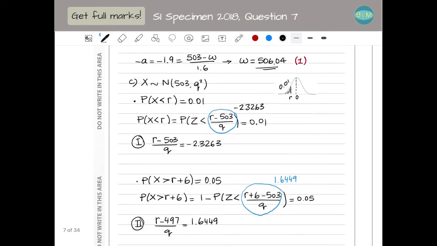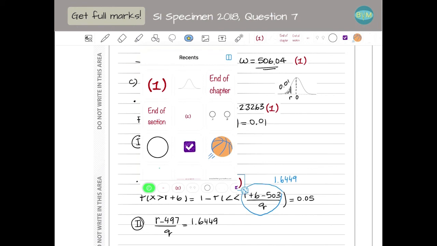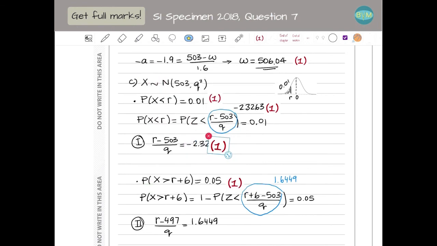So what does that give you? One mark for the method and one mark for finding this value in the tables. Then you get another mark for method for the second part, and another mark for the actual value.